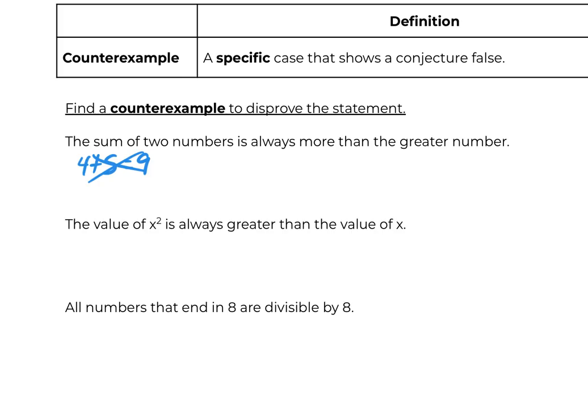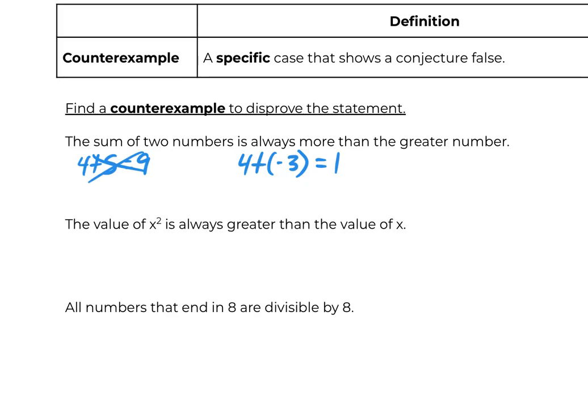Okay, what do you think, Hannah? 4 plus negative 3 equals 1. Okay. Is 1 bigger than 4? There it is. There's a counterexample. So what's the key? What do you have to use here? A negative, okay? What else could I use?